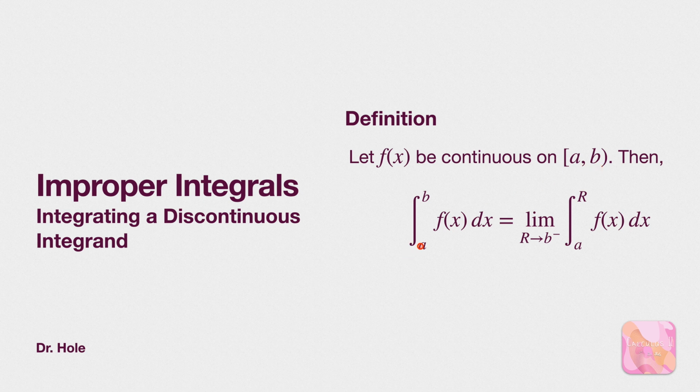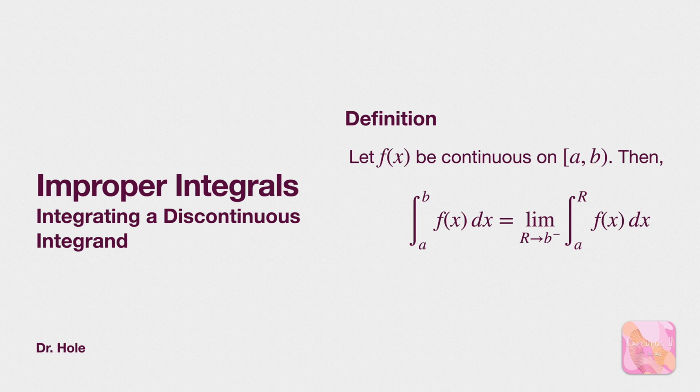Then for the definite integral from a to b, you want to notice that f at a is perfectly well defined, but we assume that f may or may not be defined at b, as we're only assuming that the function is continuous on the interval closed at a but open at b.